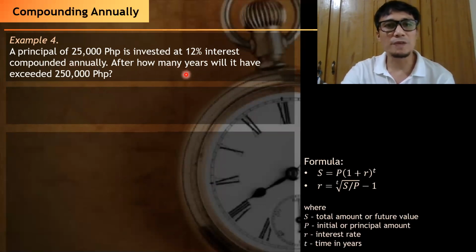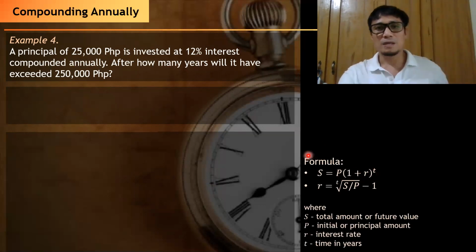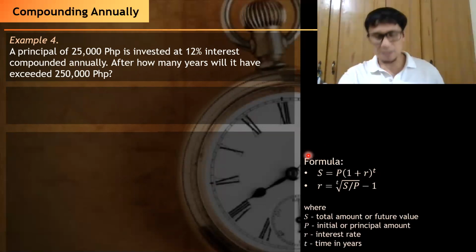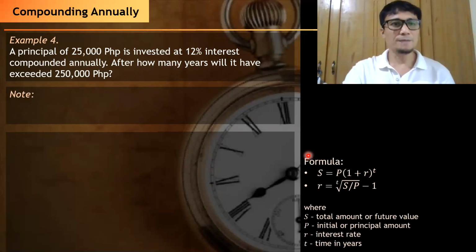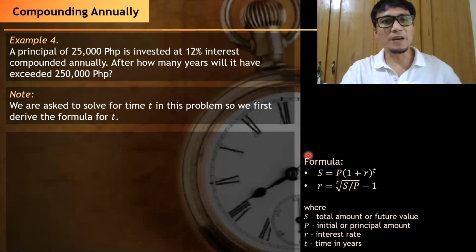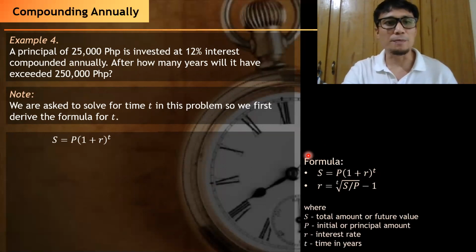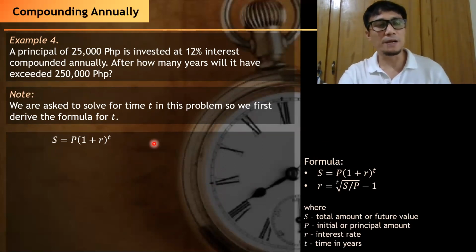So how do you find time? Remember the formula for S, P times 1 plus R raised to T. This time, we're going to find T. We again do some manipulation of the formula. And since we're asked to find time, we have to derive a formula from this formula for annual compounding.